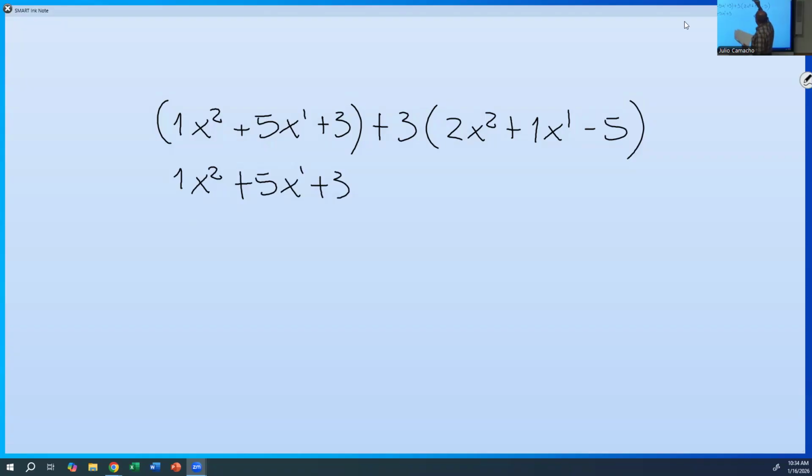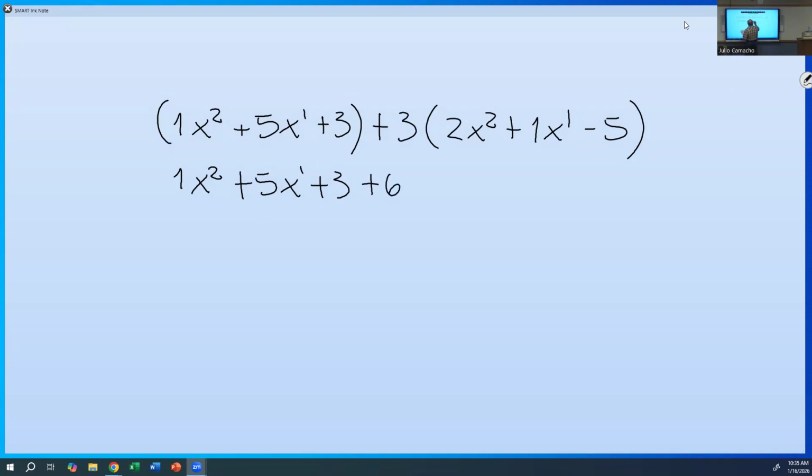So I will start: I have a positive 3 and a positive 2x squared. When you multiply or divide monomials or polynomials, you only multiply the numerical part. The numerical part will be 3 and 2. Because 3 times 2 is 6, and both are positive, plus 6.